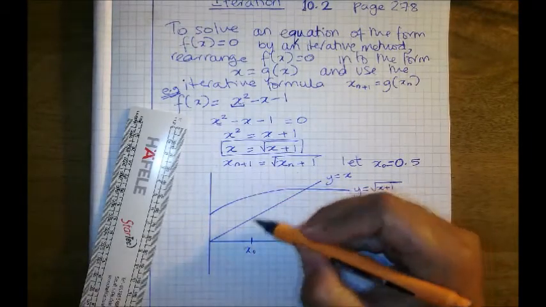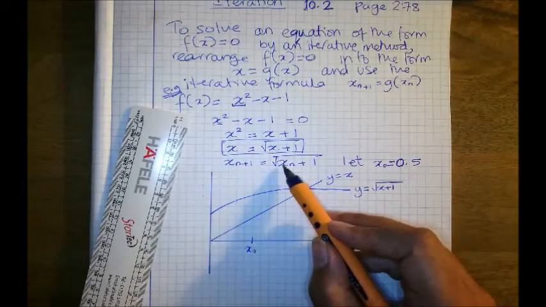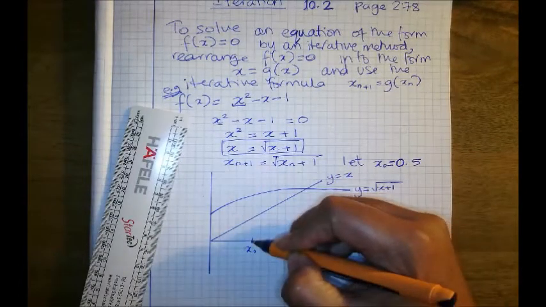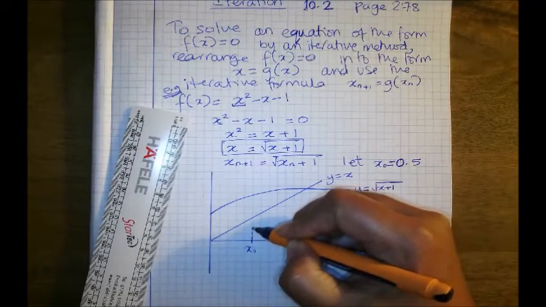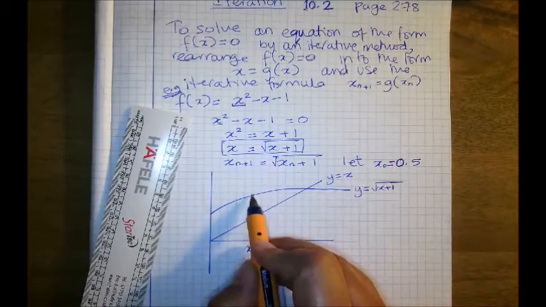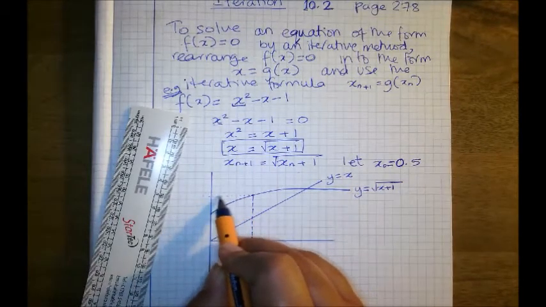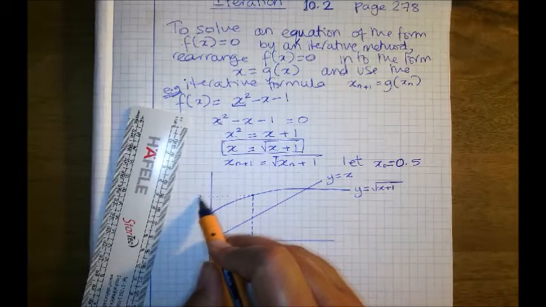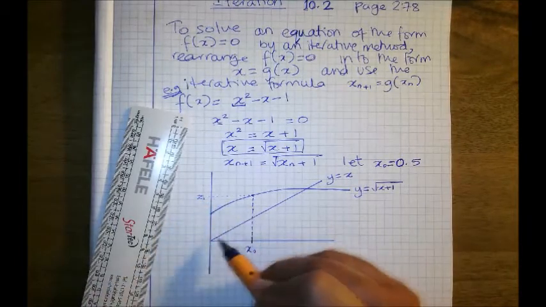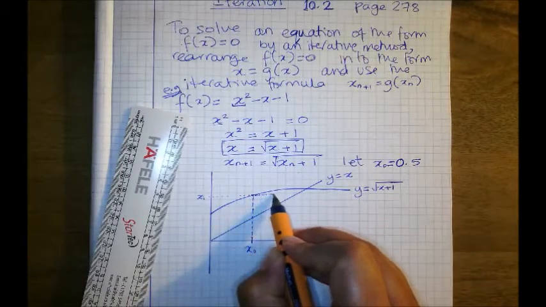The 2 graphs that I need to draw are the line y equals x. I'm just going to draw a very rough y equals x here. And I'm going to draw the root of x plus 1 graph, okay? And let's say that's going to look something like this.